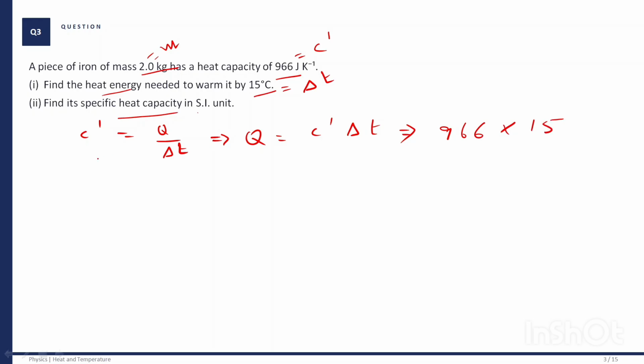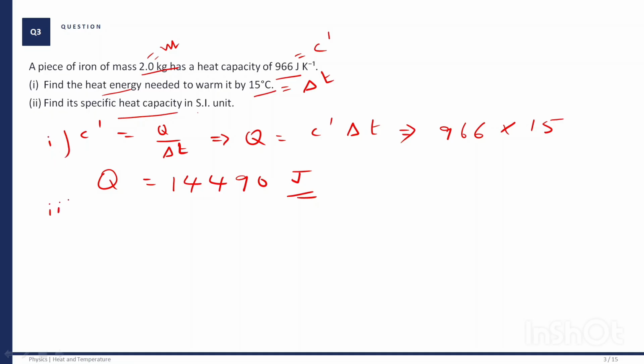Okay, now multiply to get the heat energy value. Q equal to 966 into 15 equal to 14490 joules. This is the first one.